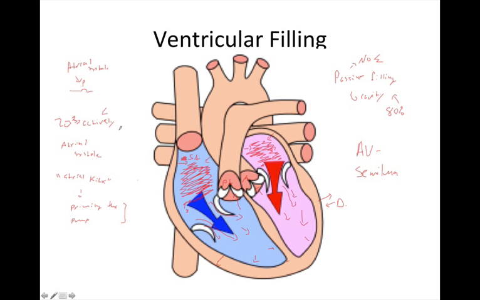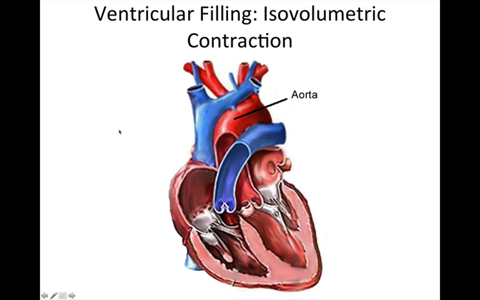Now, when ventricular filling is done, we're going to have something called end diastolic volume, EDV. Remember, end, obviously the end of filling, diastolic, so we're reaching the end of when the ventricles are in a relaxed state, and volume, you know, some kind of fluid, liquid, or gel taking up a certain amount of space.